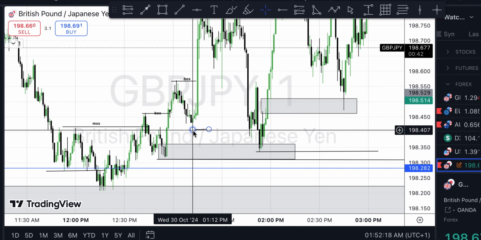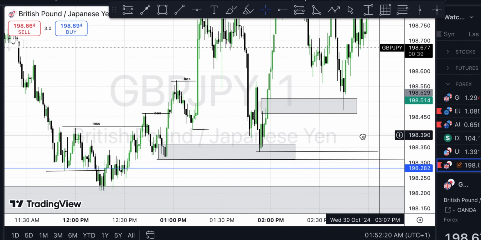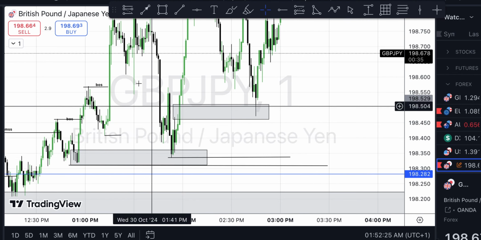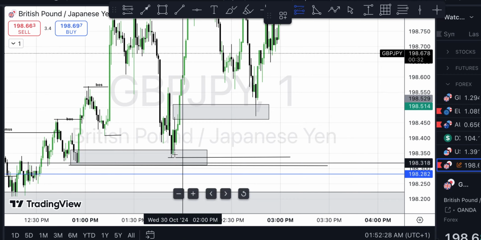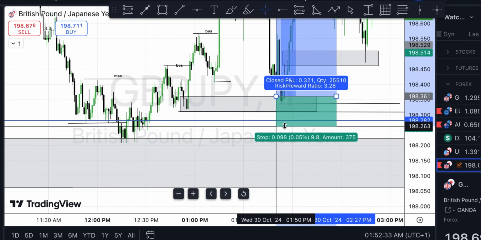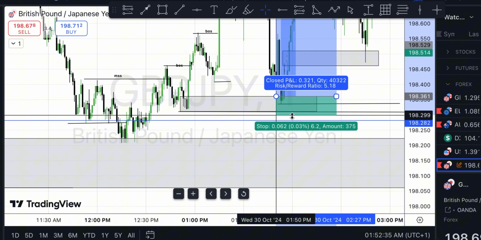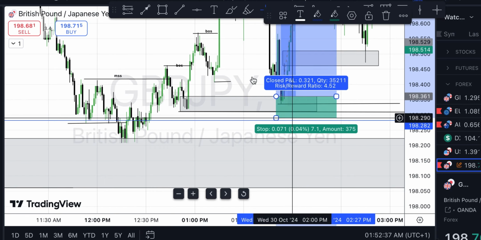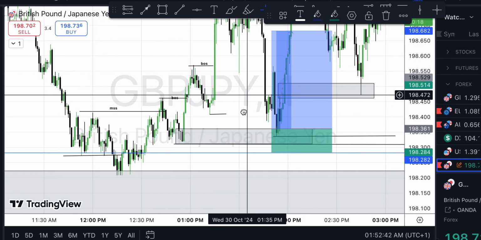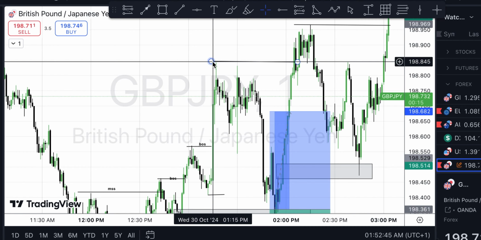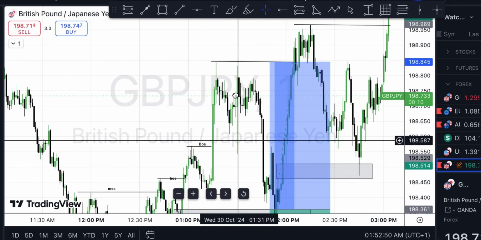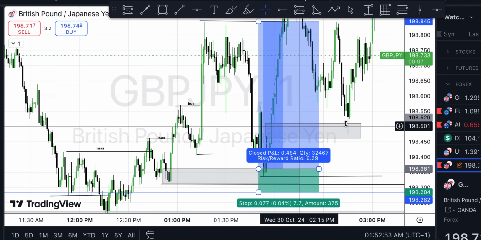So you waited patiently for price to get to that zone, and once price took out this low here, price got to my order block here. So what I would do is set my entry there and go long, then set my stop loss right below this order block, somewhere that is reasonable, then my target is this high here.